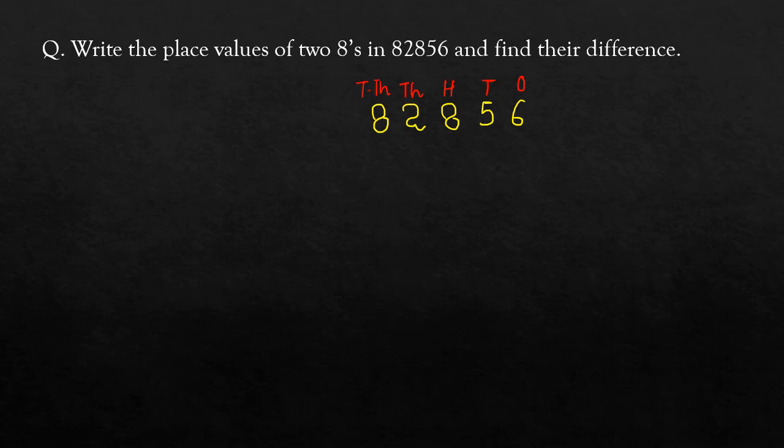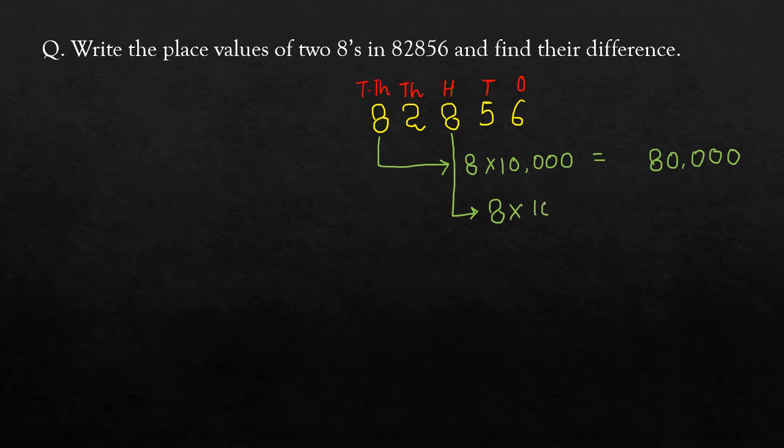So place value of first 8 is 8 multiplied by 10,000, which is equal to 80,000, and place value of another 8 is 8 multiplied by 100, which is equal to 800.